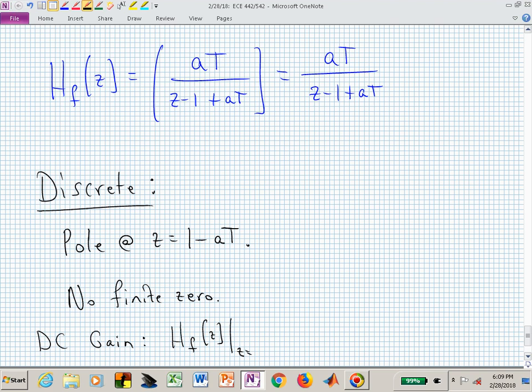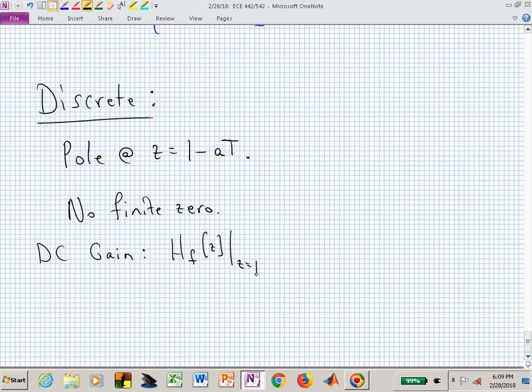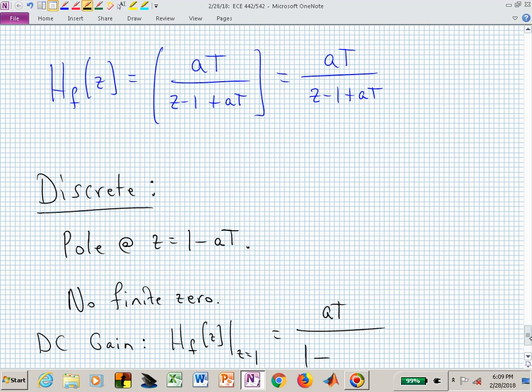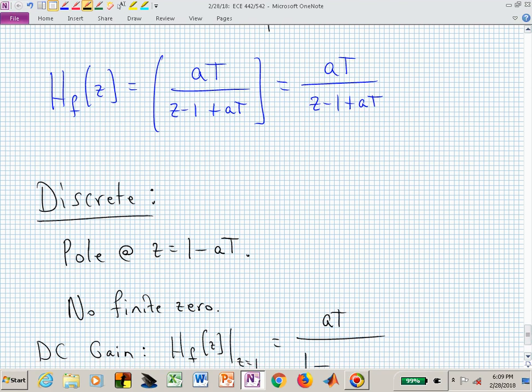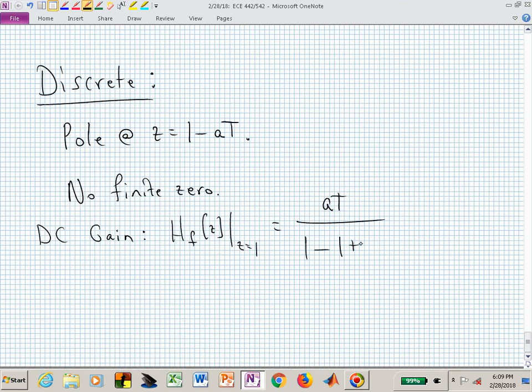So our DC gain is going to be, what do we have for a gain value when we evaluate this transfer function at z equal to 1? In our case, it was AT over z minus 1 plus AT. Again, we have a DC gain of 1.